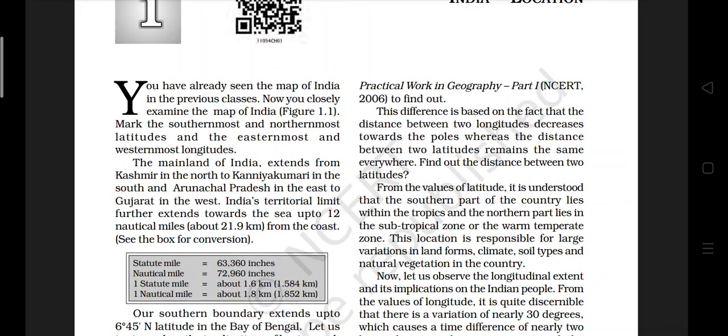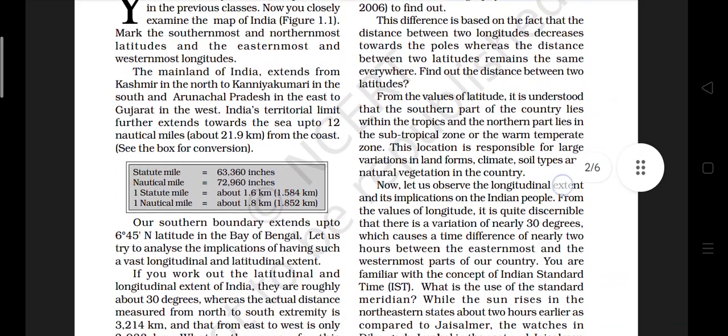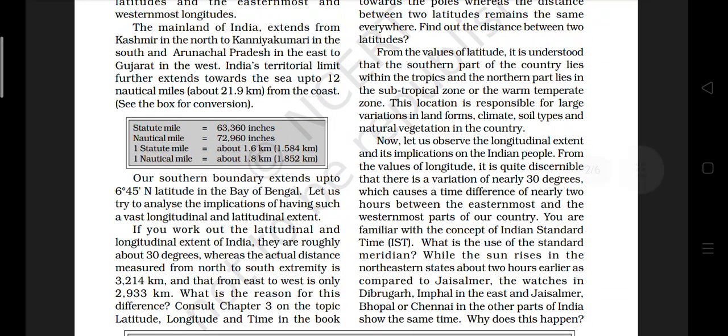India's territorial limit further extends towards the sea up to 12 nautical miles, about 21.9 km from the coast. Statute mile: 63,360 inches. Nautical mile: 72,960 inches.